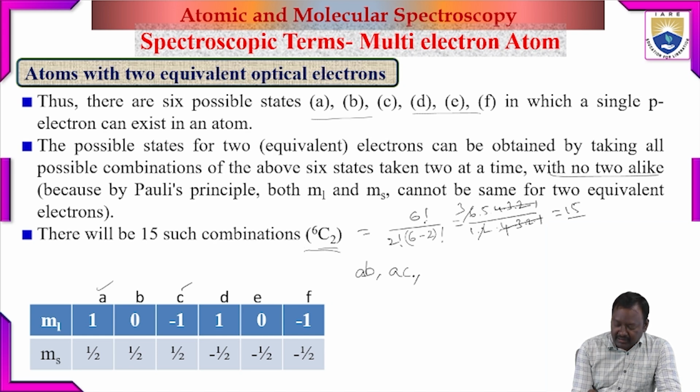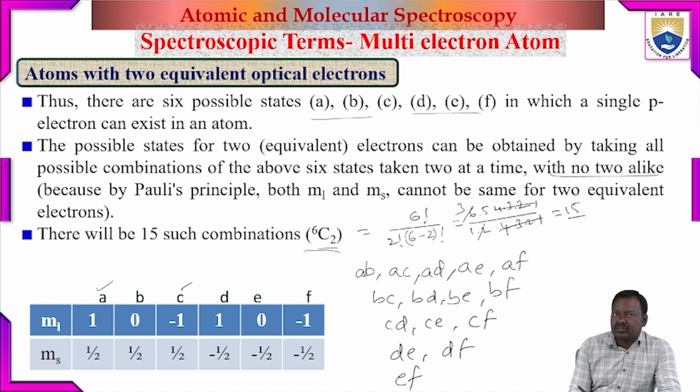Like that, we can take AD, AE, AF, and BC, BD, BE, BF, and also CD, CE, CF, DE, DF, EF. So 1, 2, 3, 4, 5, 6, 7, 8, 9, 10, 11, 12, 13, 14, 15. A total of 15 possible combinations are there.